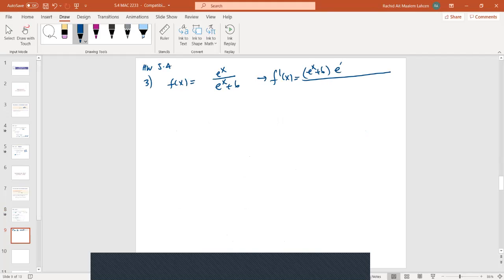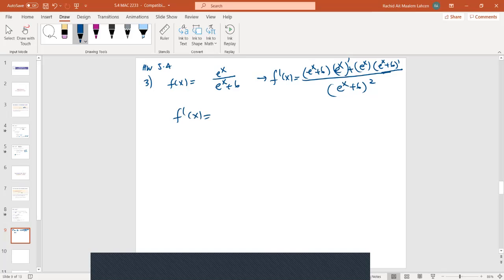You do the denominator times the numerator's derivative, minus the denominator's derivative times the numerator, all over the denominator squared.